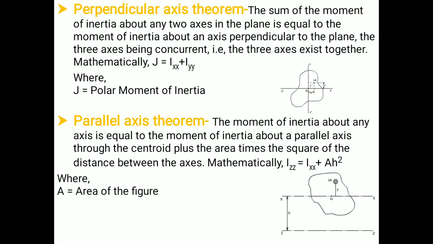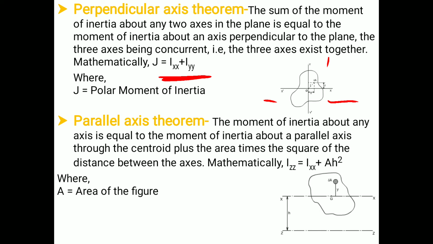The statement of the perpendicular axis theorem is that the sum of the moment of inertia about any two axes, which means we have considered the x axis and y axis, is equal to the moment of inertia about an axis perpendicular to the plane, meaning perpendicular to the third plane, and that is the z axis.